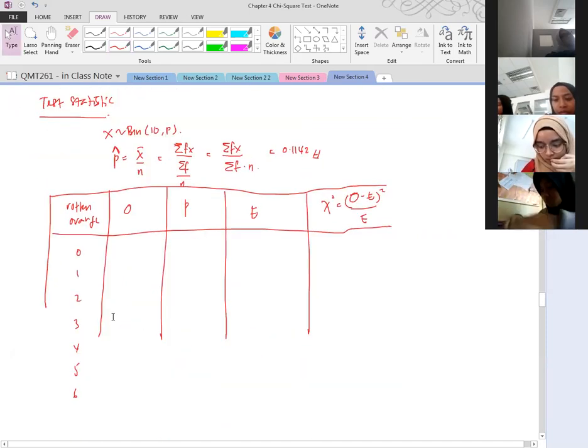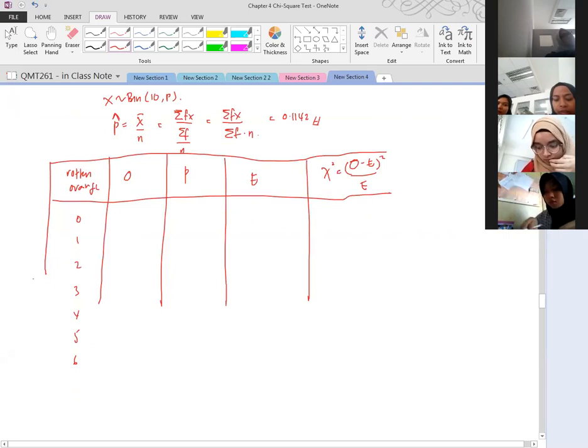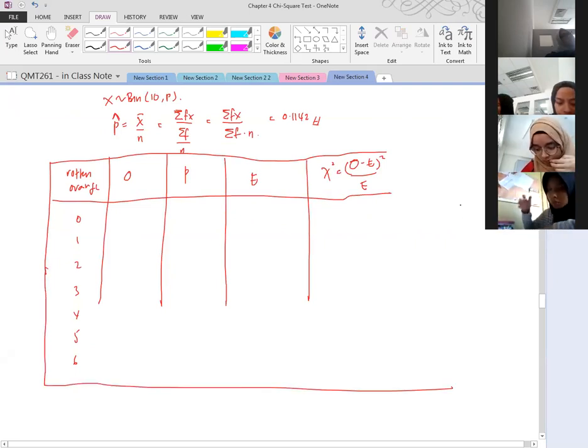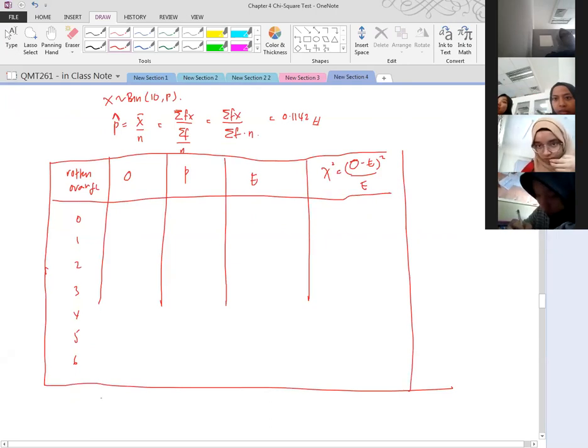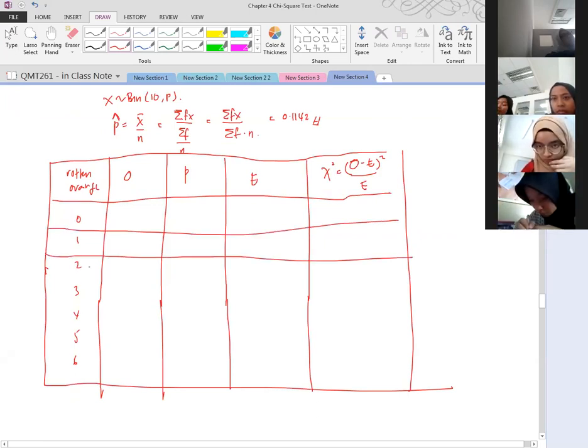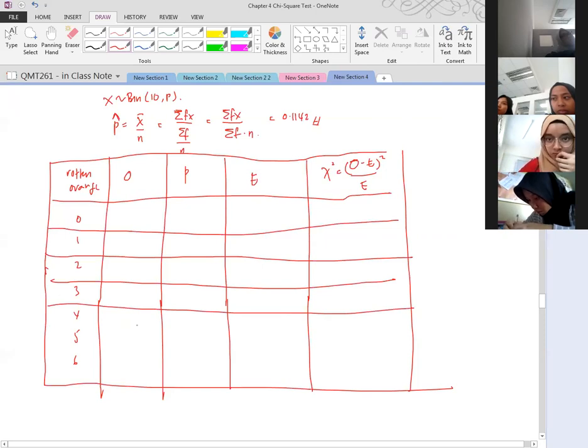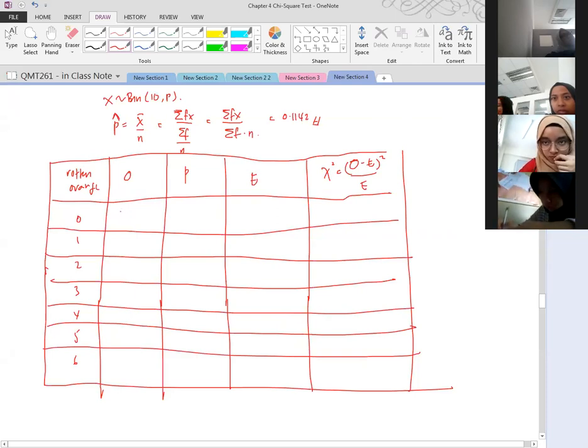We do have until 6. The observed values are 334, 369, 191, 63, 22, 12, 9.